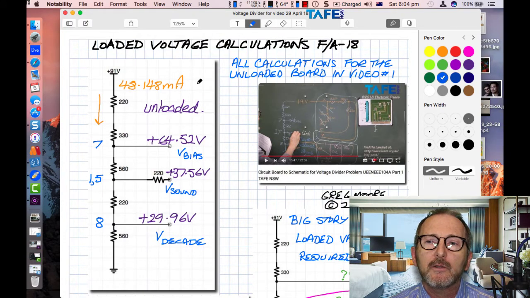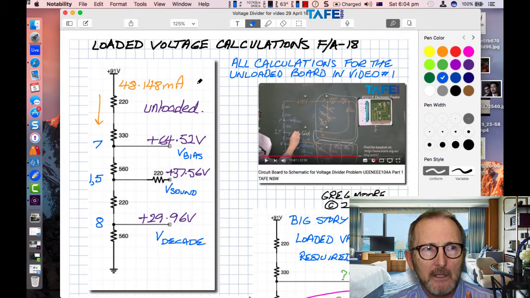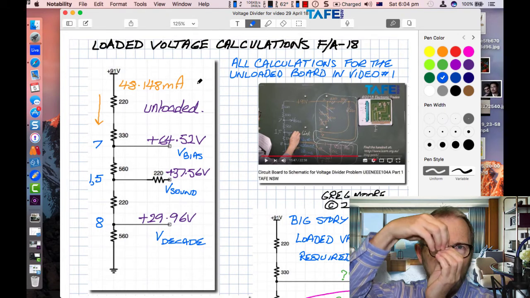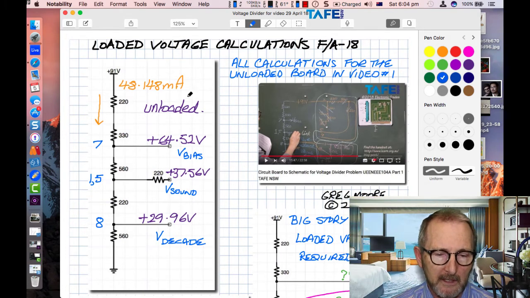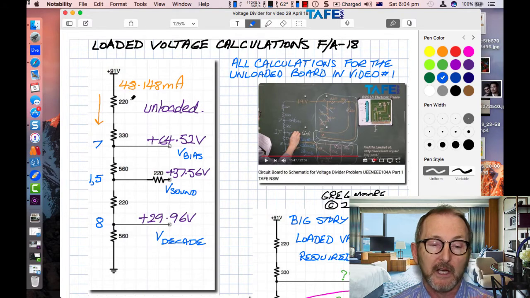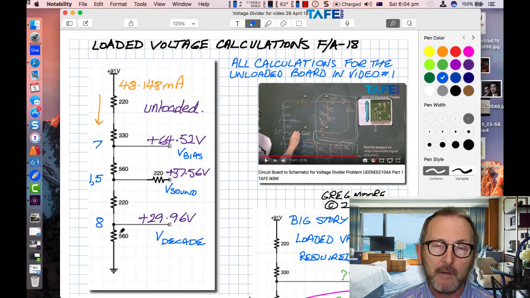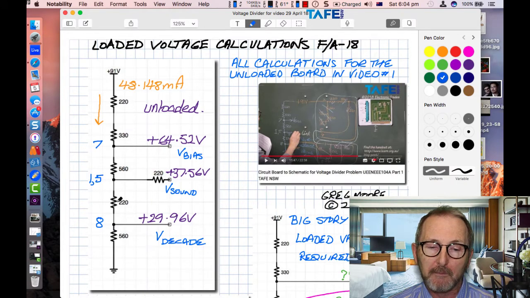And then draw the schematic diagram, put it into a form which we can recognize as being a voltage divider, and I like to do that in a vertical column. And then we applied Ohm's law to that. We worked out the total resistance, we got the current, and multiplied that current by the bottom resistor first to get 29.96 volts. Then we added that resistor 220 to the 560, multiplied that resistance by the 48 milliamps, and we got 37.56, etc.